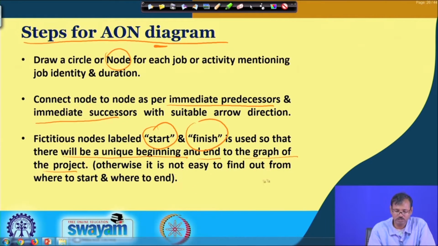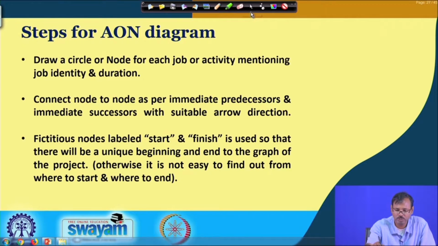Otherwise, it is not easy to find out where it starts and where it ends. So, these are the essential steps which are required for the activity on node diagram, and this way you can construct the activity on node diagram.